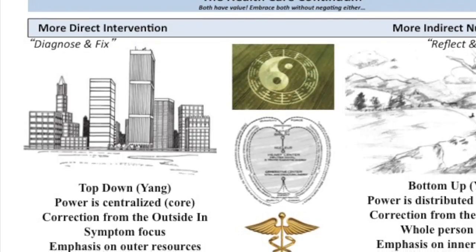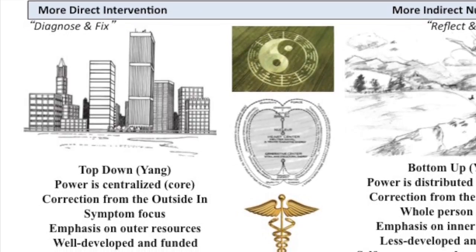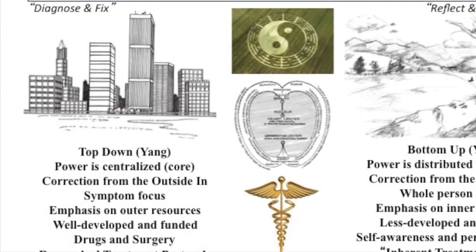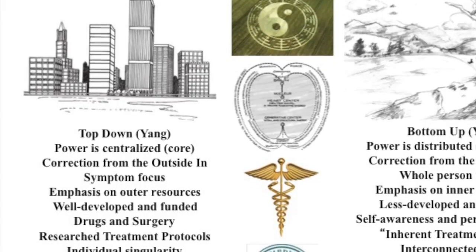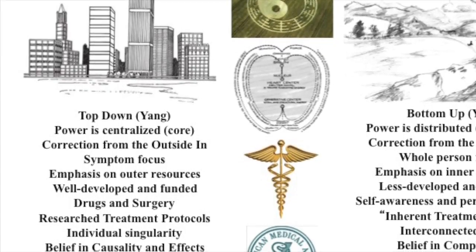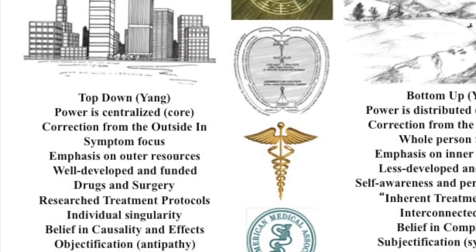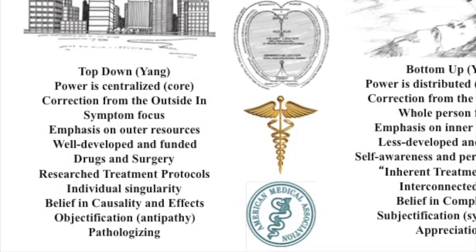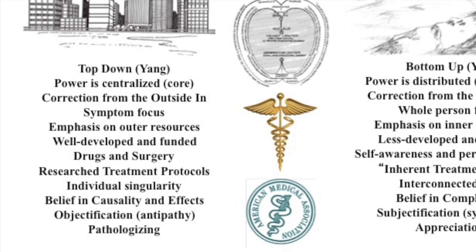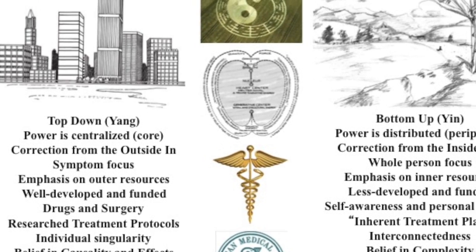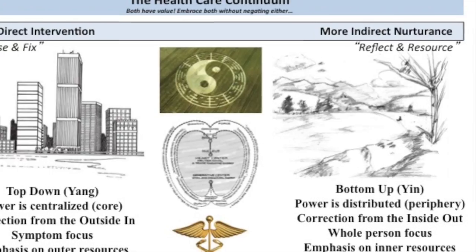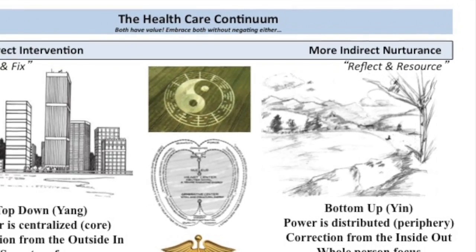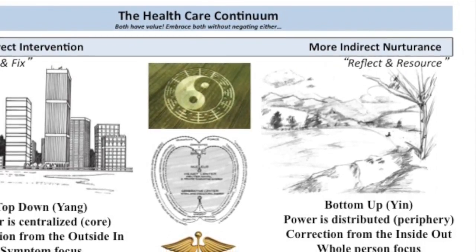It is top down, it's centralized, its correction is from the outside in, it focuses on the symptoms, etc. A nice list here. These are the characteristics. And then for an indirect method, you see corresponding on each line the corresponding quality of indirect.